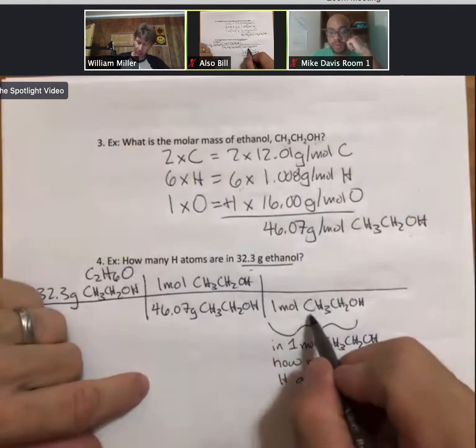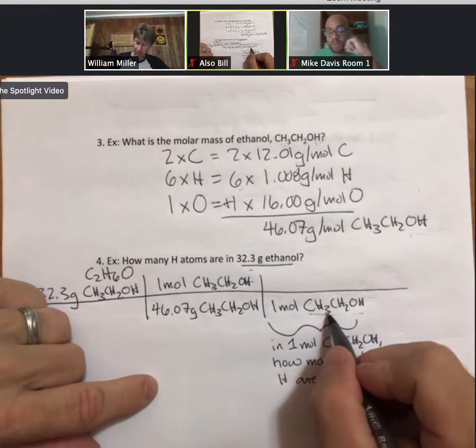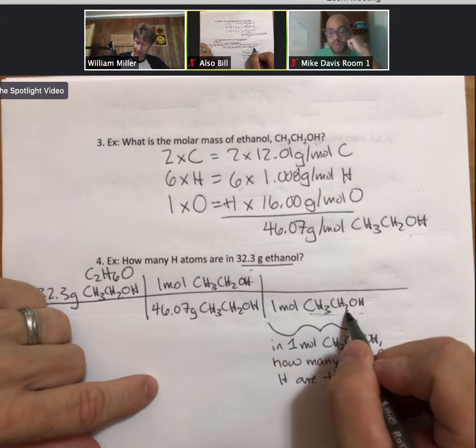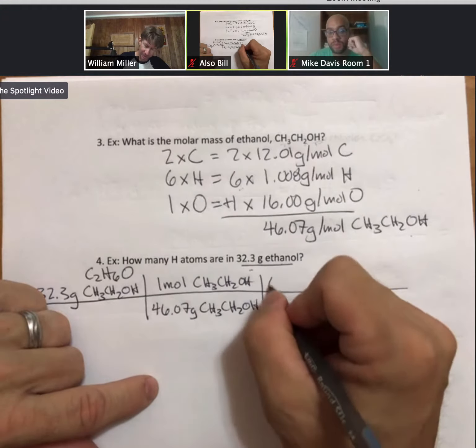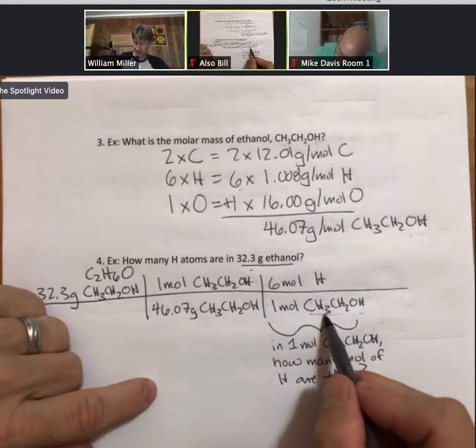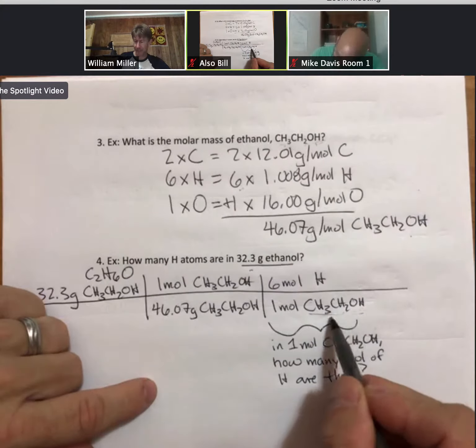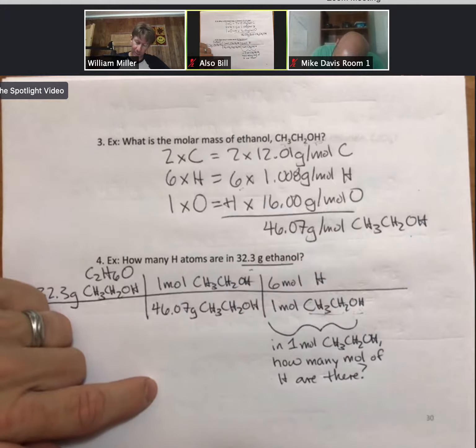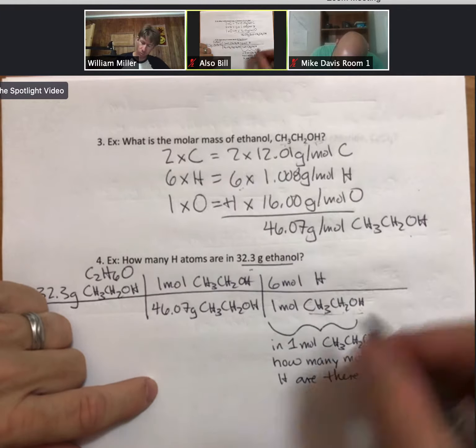If I have 1 mole of ethanol, you count them up and you get 6, and there will be 6 moles of hydrogen. So the 6 is just done by adding up the number of hydrogens in the compound.